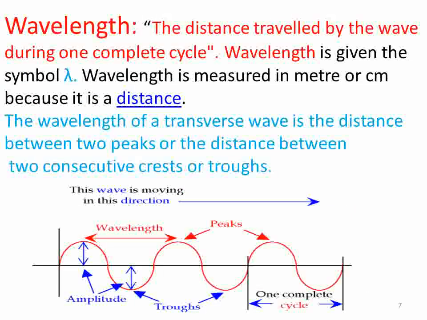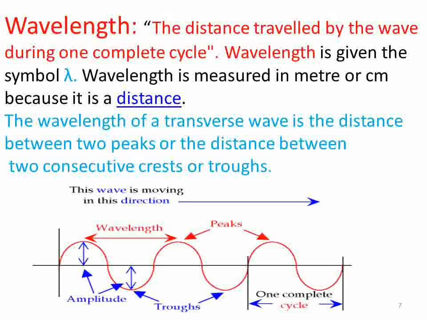Next definition: wavelength. The distance traveled by the wave during one complete cycle, that is one vibration, is known as wavelength. Wavelength is given by the symbol lambda and it is measured in meter because it is a distance.